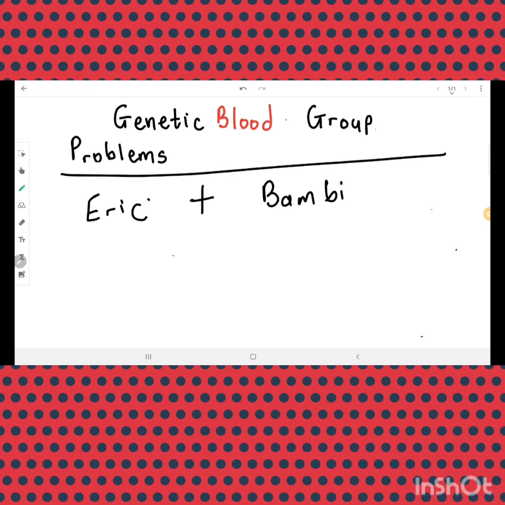Eric belongs to blood group A, and Bambi belongs to blood group B. Both of them conceived a baby, and that baby belongs to blood group O.